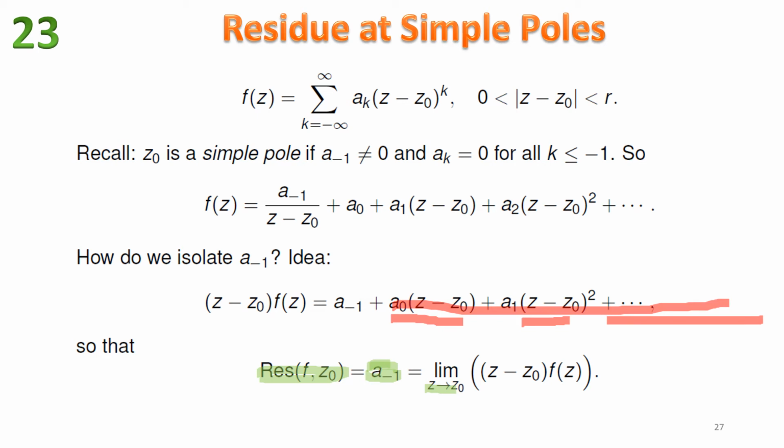So when we consider the limit of this quantity z minus z0 times f of z, then we are having only the non-zero term a minus 1. So the limit z approaching z0 of z minus z0 times f of z will offer us the residue, which is in fact a minus 1.